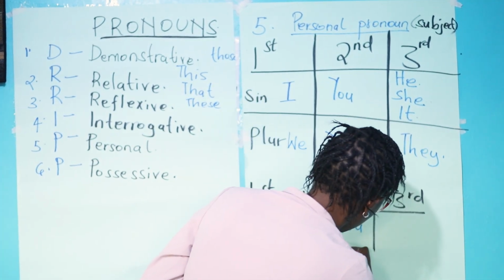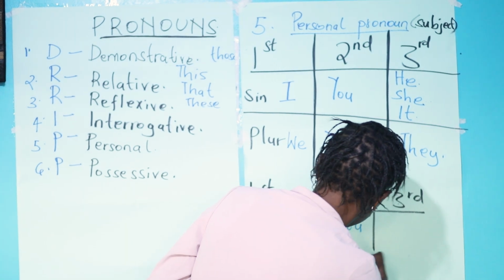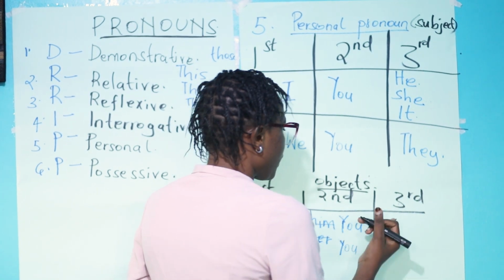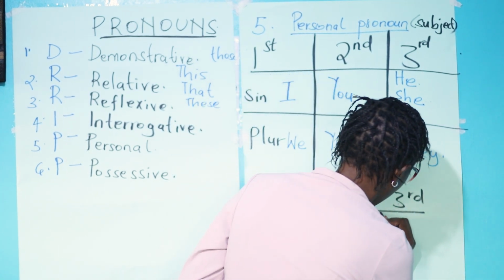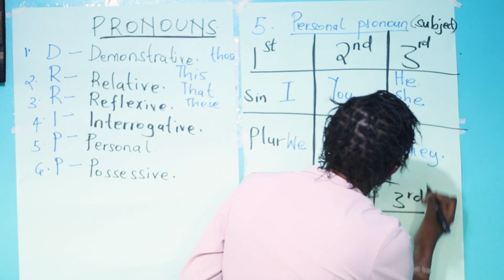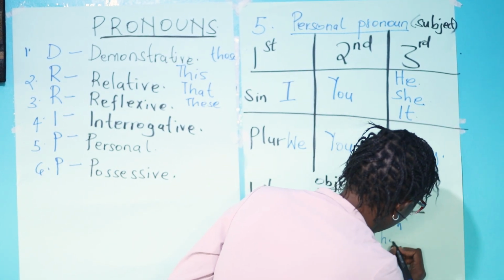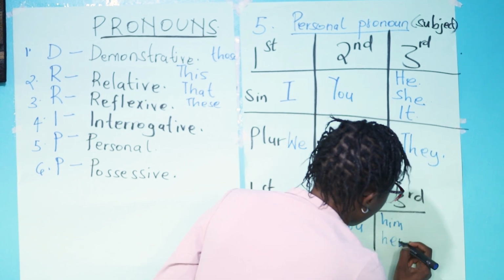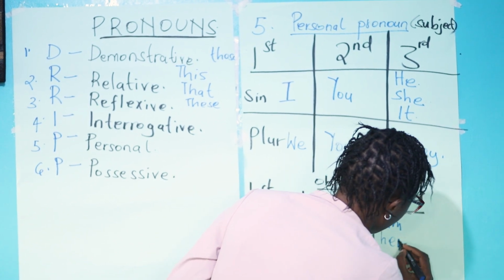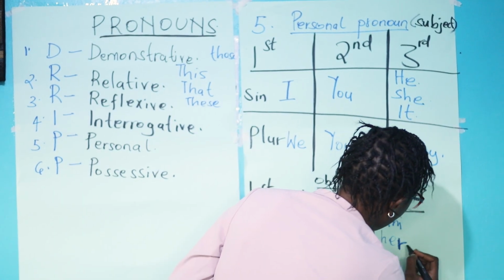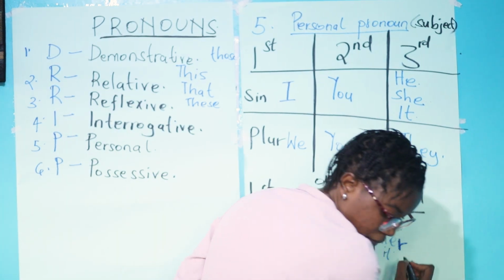And in plural form, it becomes you. Under third person, we have him, her, and it. He will become him. She will become her. And it will become it.